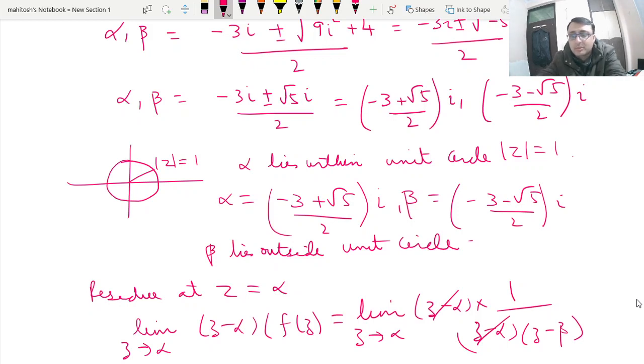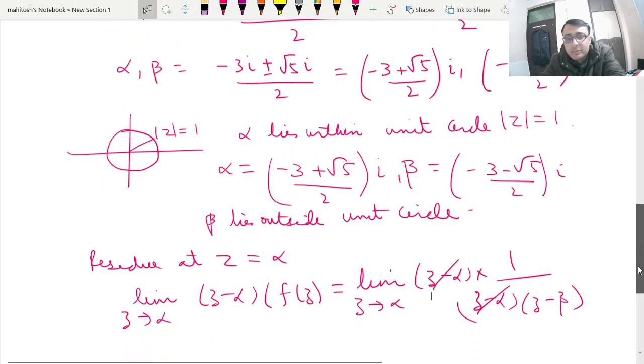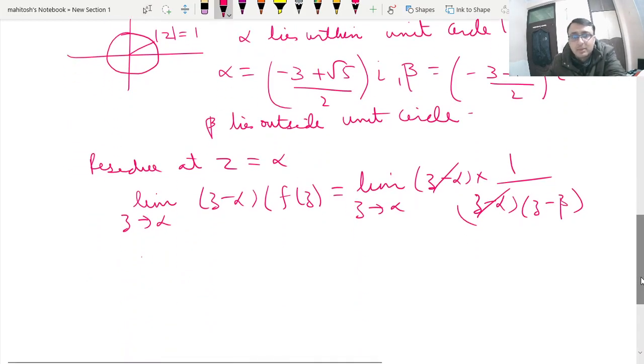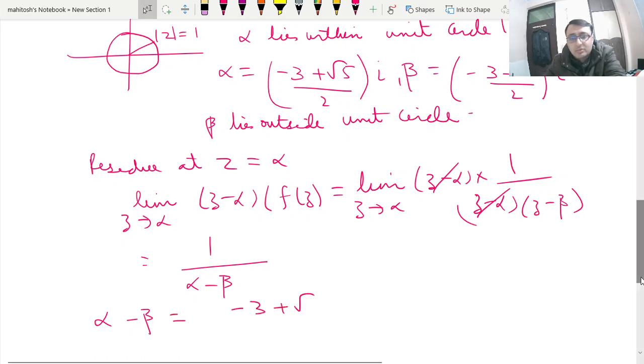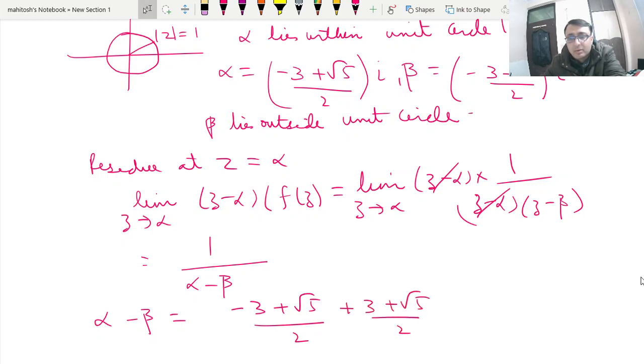This gets cancelled. So we got the residue as 1 by alpha minus beta. Alpha and beta are already known to us, so we will subtract that. This is minus 3 plus root 5 upon 2 minus plus, and so this is nothing but your root 5i.